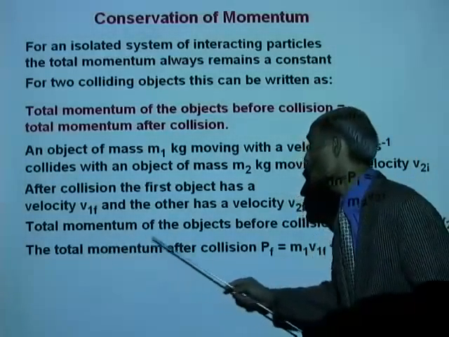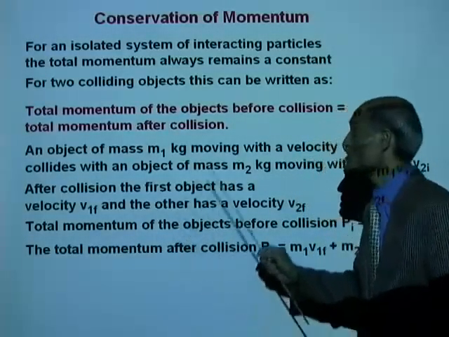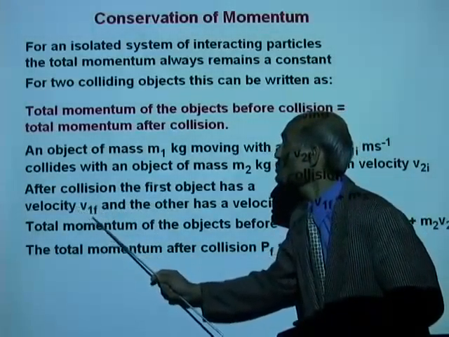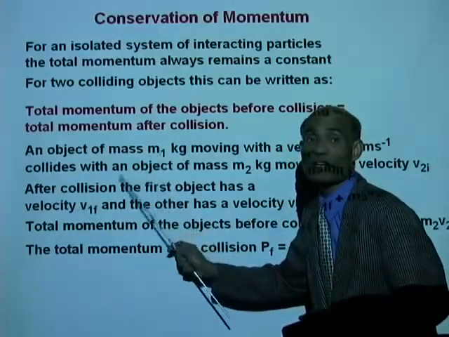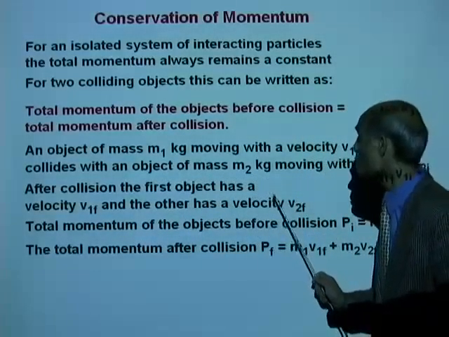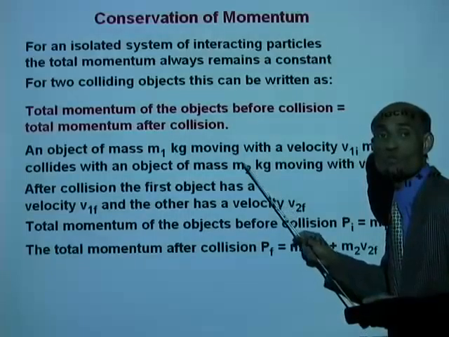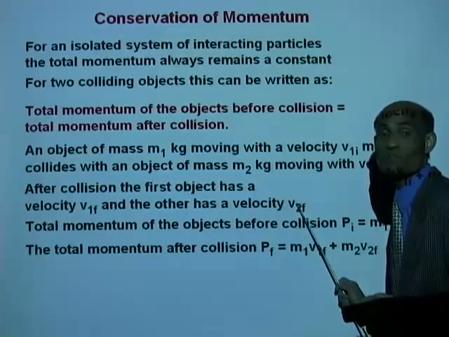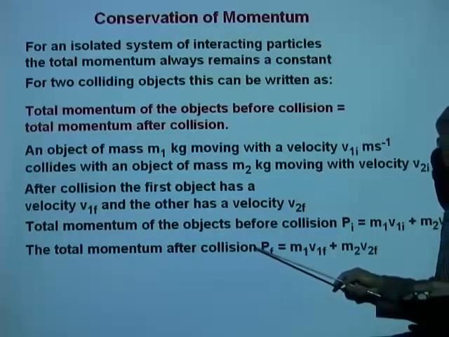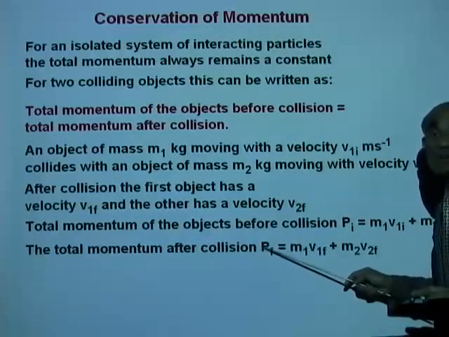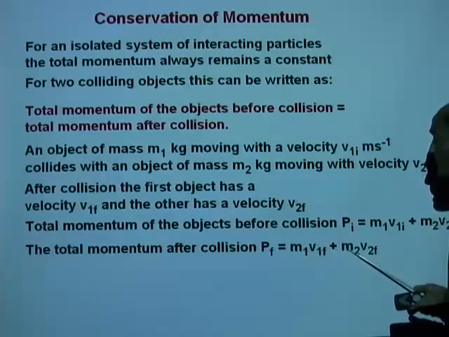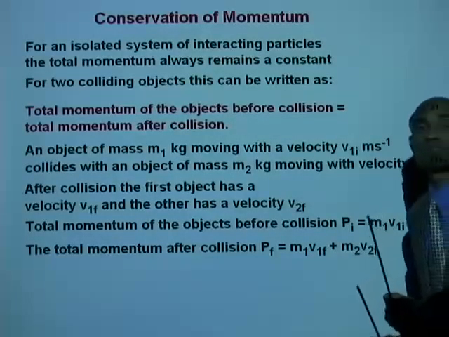What is the total momentum after collision? The momentum of the first object after collision will be m1 v1f, and the momentum of the second object after collision will be m2 v2f. The total momentum after collision, Pf, the final momentum, is m1 v1f plus m2 v2f.